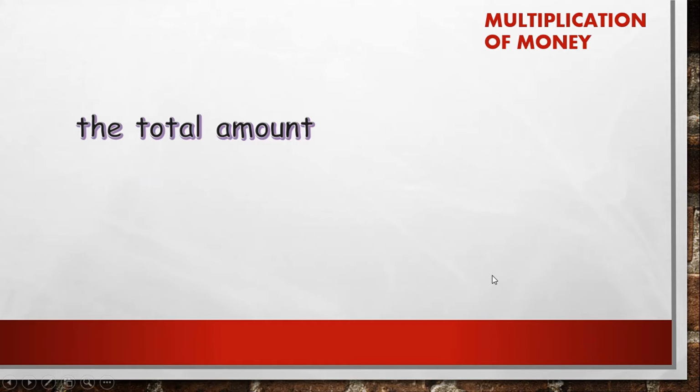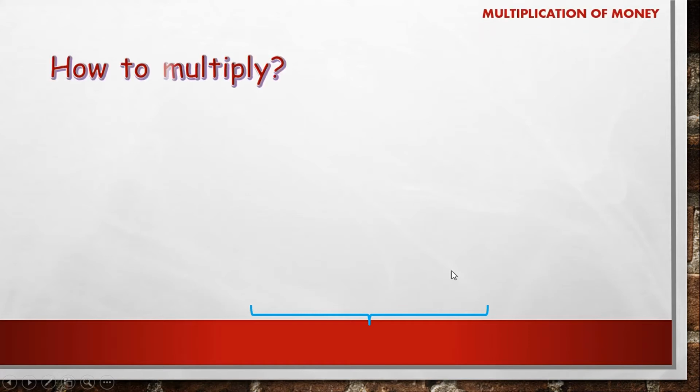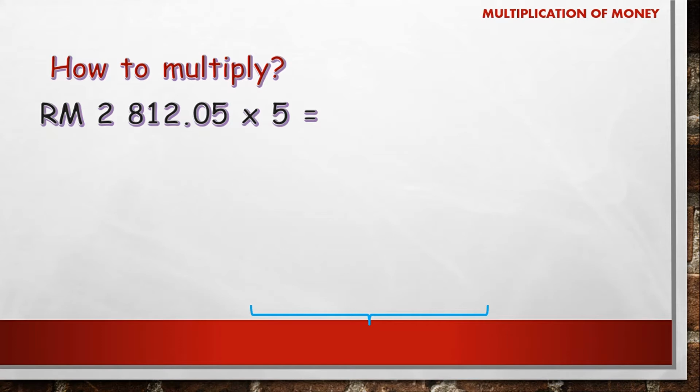Okay. Now look at this. In this subtopic, we will learn two terms. The first one, the total amount, and the second one, the total cost. Now look at this. How to multiply?